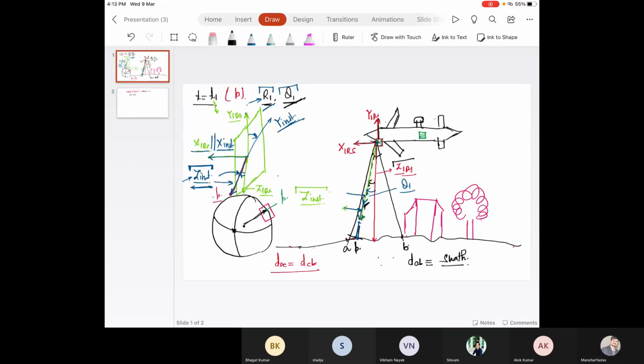See, if you rotate counterclockwise by angle θ1, which we have measured and call the scan angle, then z instantaneous rotated about the x-axis anti-clockwise will coincide with ZIRS, and similarly y instantaneous coincides with YIRS, and XIRS is already parallel to x instantaneous.